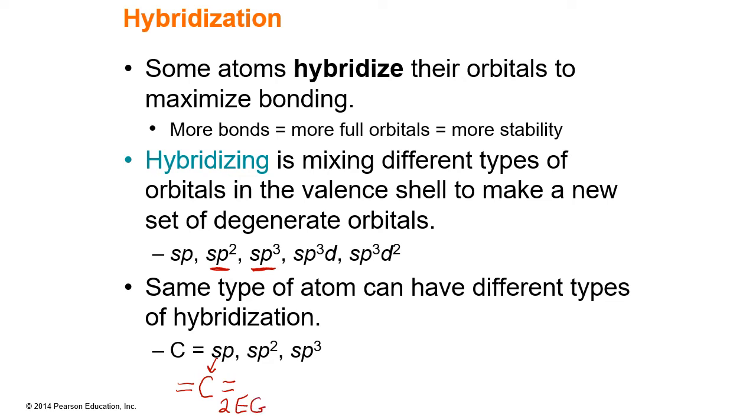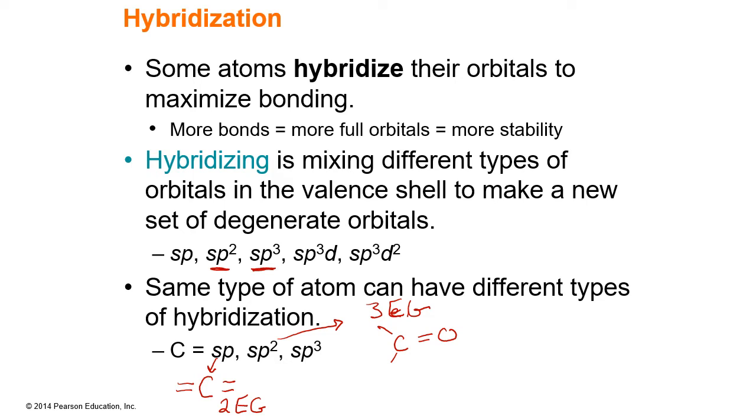We could have sp2 hybridization, which happens when we have 3 electron groups. An example would be carbon double bonded to oxygen with 2 single bonds.